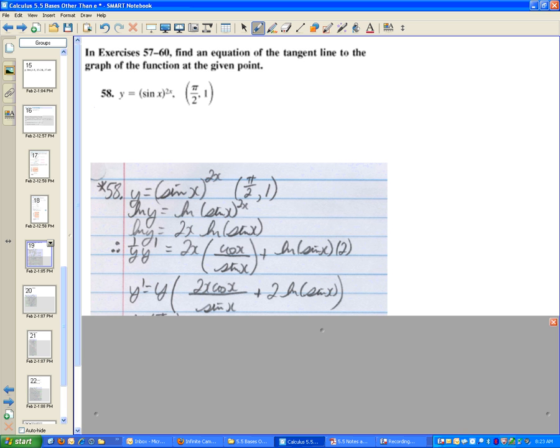And when I multiply the right side by y, I get y times all the rest of the right side. At the same time, I'm going to simplify a little bit. 2x times that parentheses, I can just multiply the 2x times the numerator. And then the natural log of the sine of x times 2, put the 2 in front.